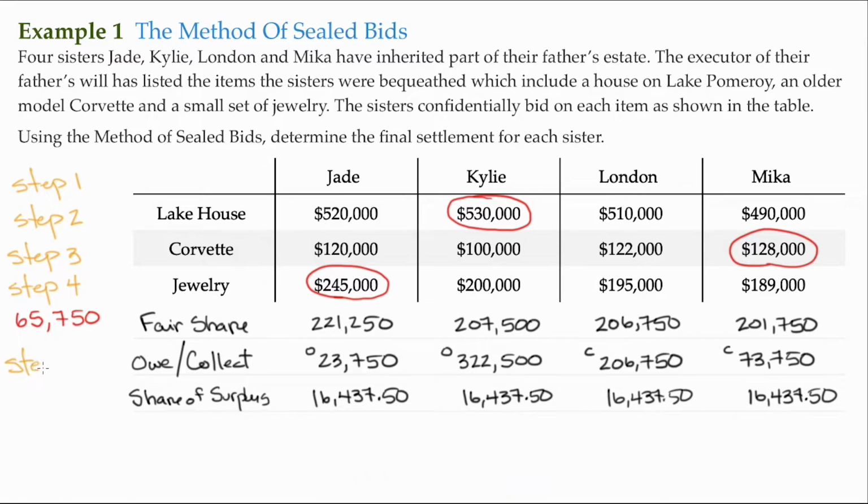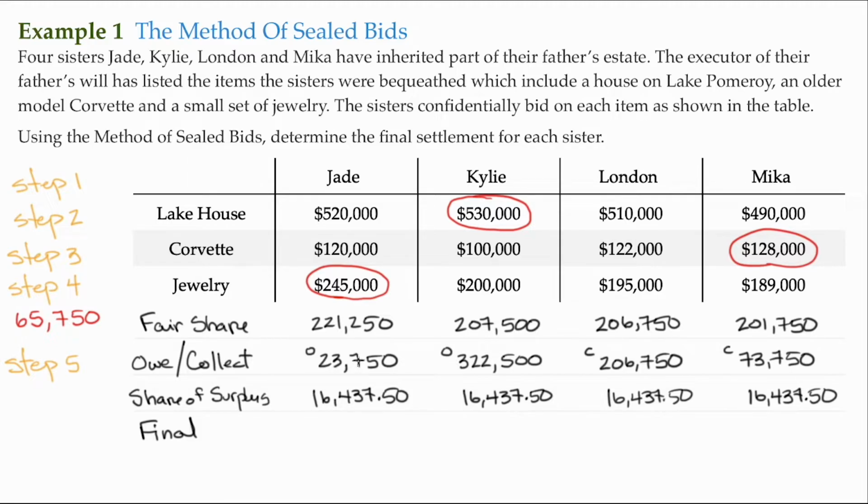Now, step 5, that's the final step. That's going to be the final settlement. I'm just going to put it down here, final. So what happens is Jade gets $245,000 worth of the jewelry. She expects to get $221,250, so she winds up getting more than what she expects to get. So she has to pay that back into the estate of $23,750.